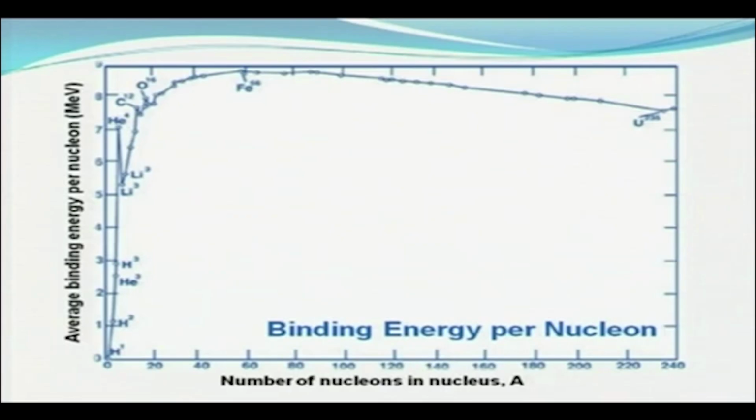So, there is a peak in this binding energy per nucleon, and that tells us that there are very stable configurations around the peak.